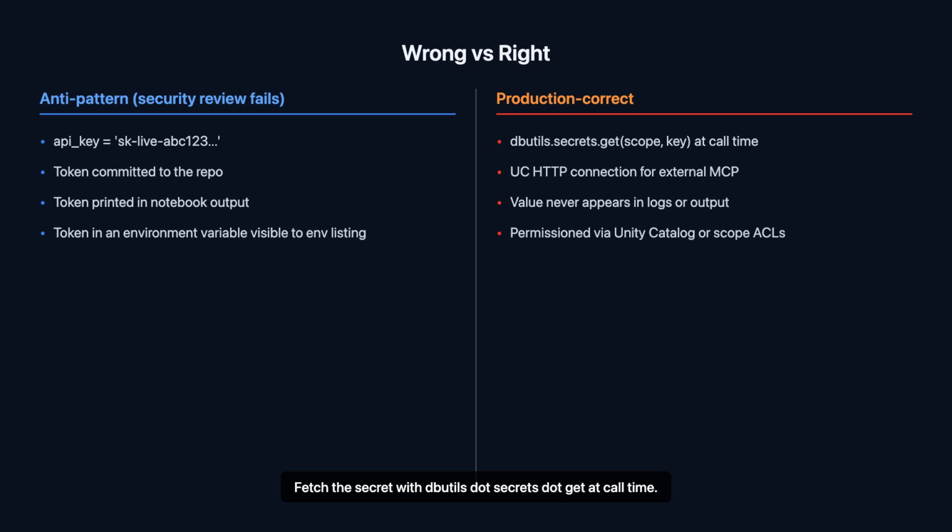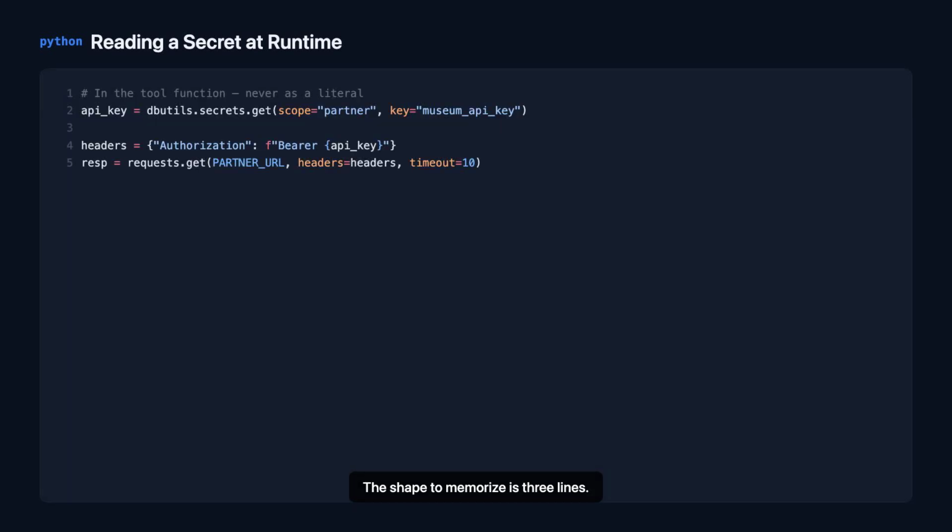Fetch the secret with dbutils.secrets.get at call time. Use a UC HTTP connection for external MCP. The value never appears in logs or output, and the permission lives in Unity Catalog or scope ACLs where it can be audited. The shape to memorize is 3 lines.